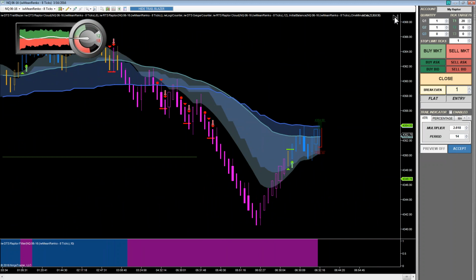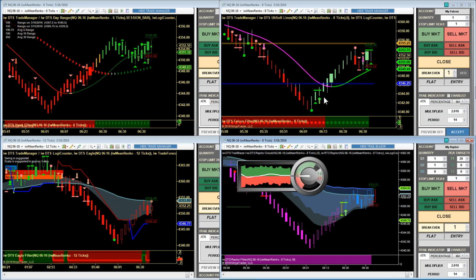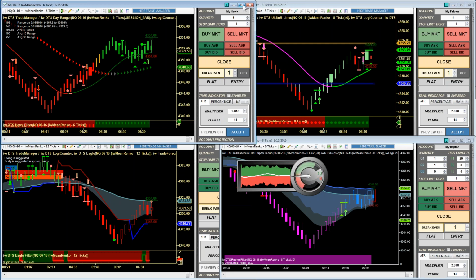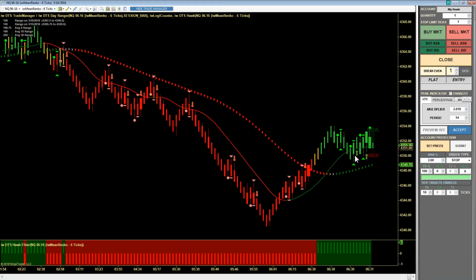So FOMC minutes out this afternoon, and that's probably going to put a wrinkle in today's trading, but I'll show you some trades nonetheless. Here on the Hawk right now, on our Hawk scalper, we're actually producing a first micro-macro cross signal.